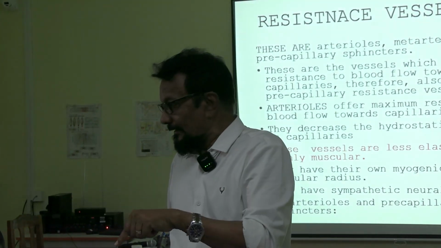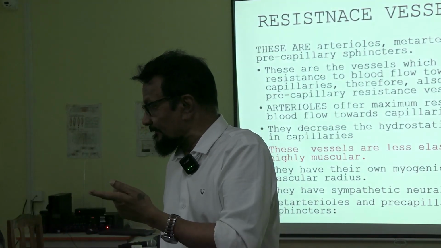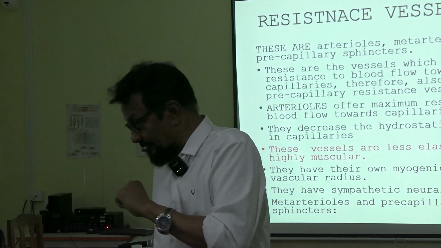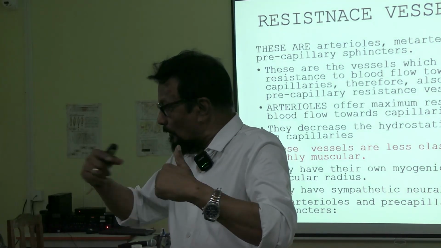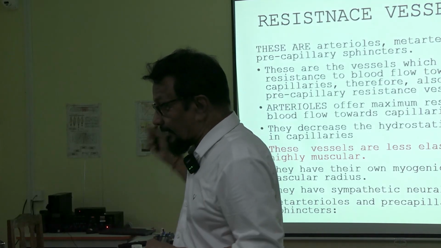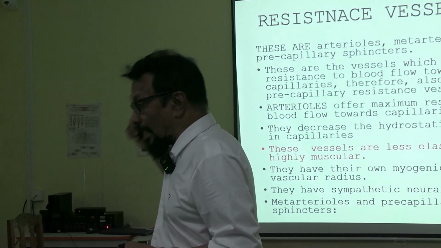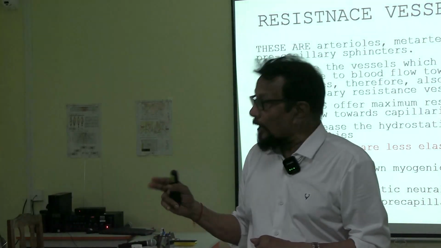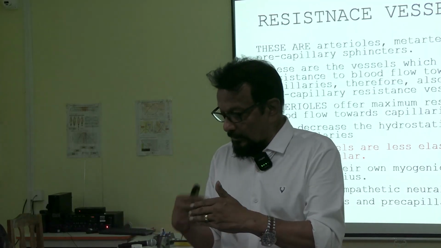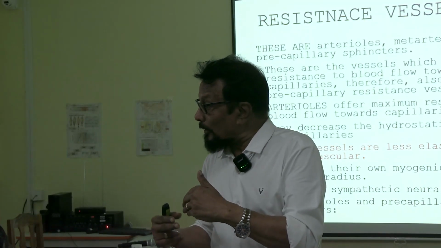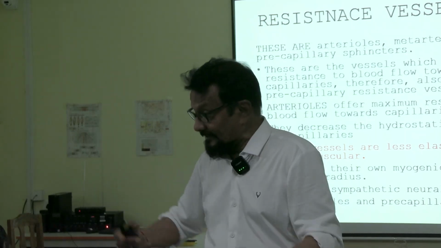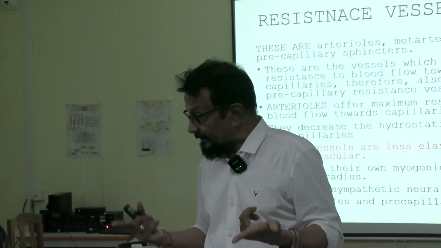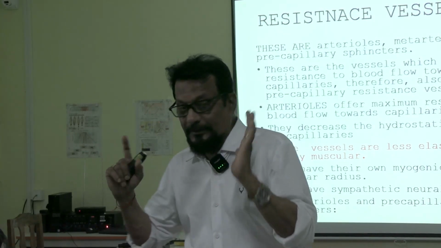One is unitary smooth muscle, another is multiunit. In the arteries, smaller or bigger, all will be contracting together whenever they contract. Means all are unitary.